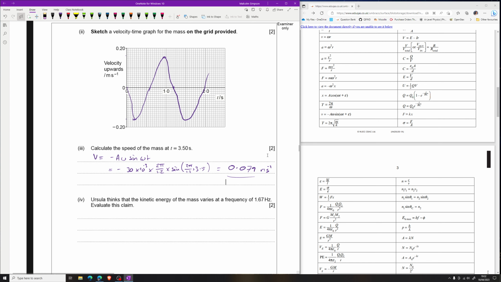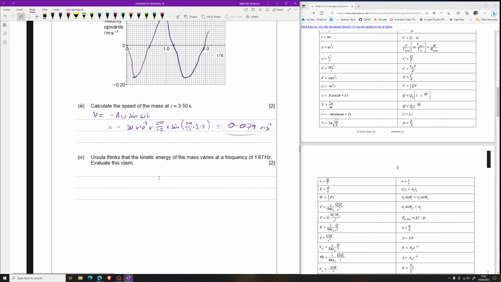So I'm just going to leave it as that. Always be careful with questions like that with your direction. I think if it asks for a velocity, it is always best to give a positive speed and state a direction in words.